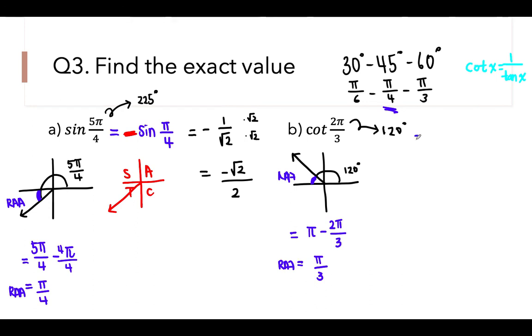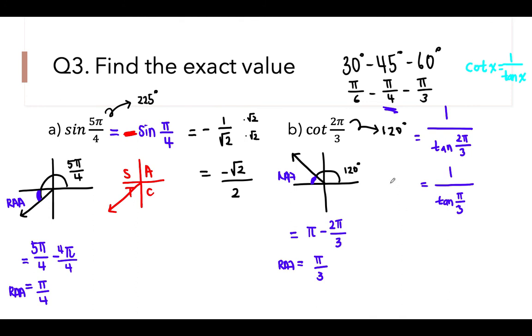So I could rewrite this by saying cotangent is actually 1 over tangent 2 pi over 3. But we don't like 2 pi over 3. We can use a simplified equivalent expression, which is 1 over tangent pi over 3. And then we're not done yet.